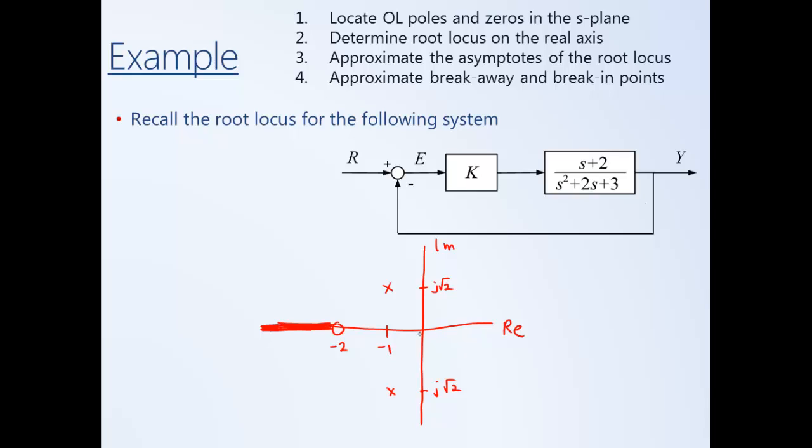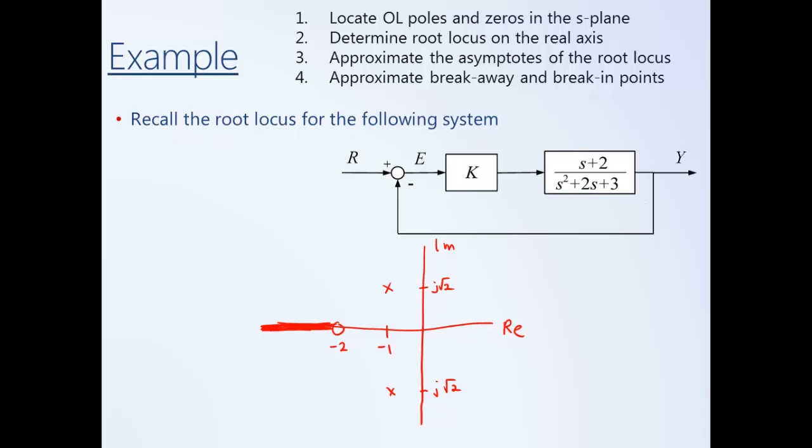If you were to sub in points on the real axis over here into our angle condition or our magnitude condition, they wouldn't satisfy those relationships. However, if you picked a point over here, such as -3, there would be a value of k between 0 and infinity that satisfies the angle condition and the magnitude condition.